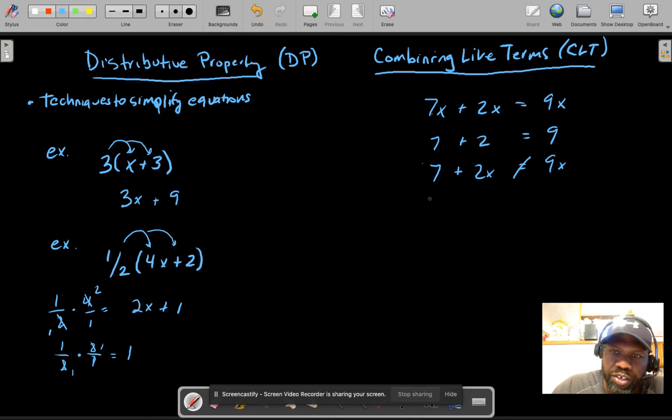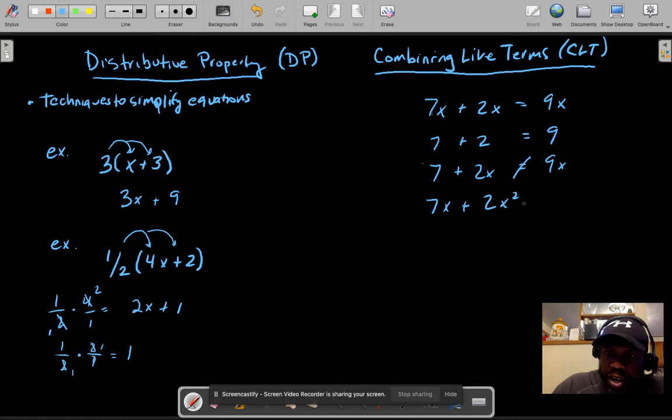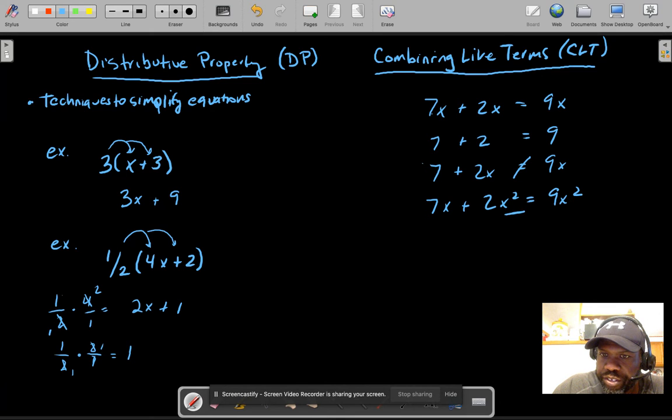Okay. Now this technique that you also need to remember is this one. So 7x plus 2x squared can't be 9x squared, because these have different properties. So this is 7x's, and this is 2x squareds. They don't equal each other, so they can't be combined or subtracted from each other.